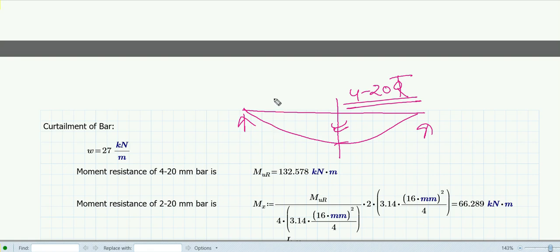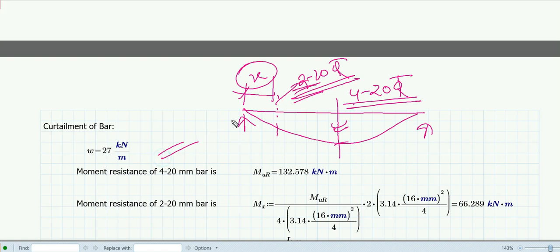If you want to economize, you can curtail certain bars at locations where that much reinforcement is not required. Here we can reduce to 2-20 mm Tor bars. We have to see at what distance we can reduce 4 bars to 2 bars. These things we are going to discuss in the next class.